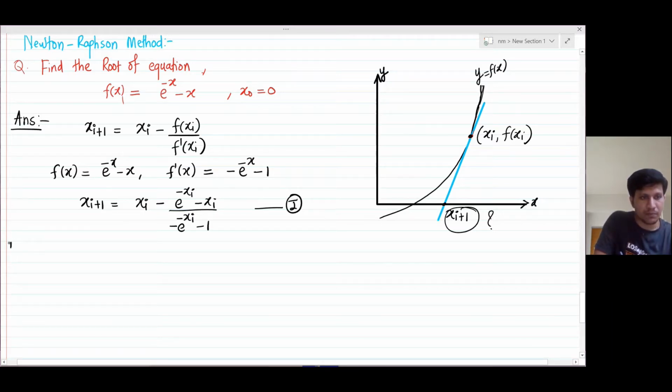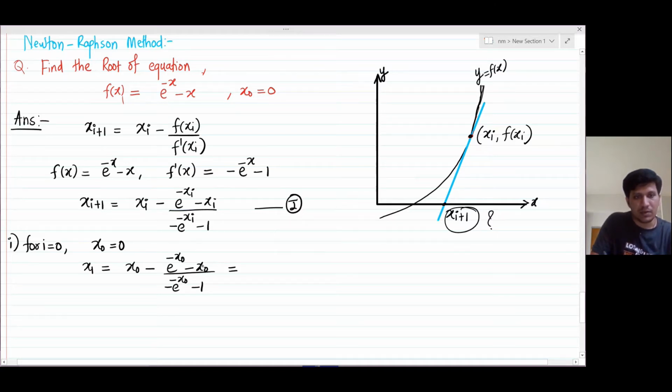Now for i is equal to 0, we are given x naught is equal to 0. x1 is equal to x naught minus (e raised to minus x naught minus x naught) upon (minus e raised to minus x naught minus 1).